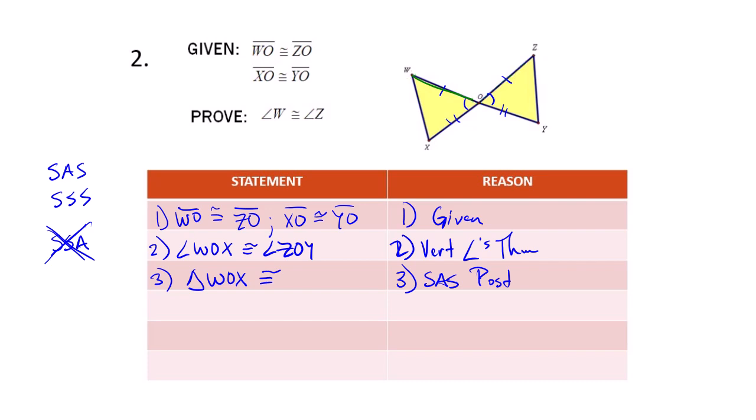So it's going to be triangle ZOY. All right, and so since W corresponds with Z, we can say that angle W is congruent with angle Z because corresponding parts of congruent triangles are congruent.